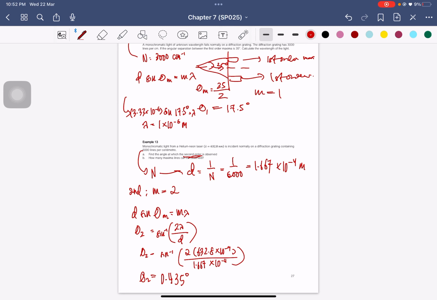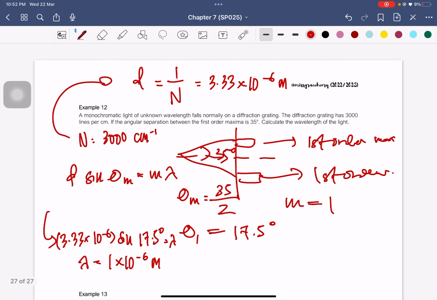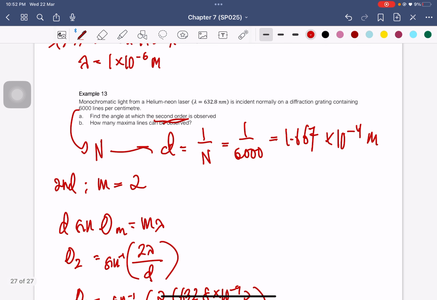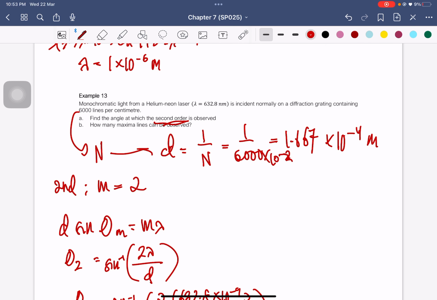Okay. Let me just check. Oh, okay, no wonder it is wrong. So I did something wrongly here. It's centimeter. This is centimeter. No wonder. 1 over 6000, so 1.667 times 10 negative 4 centimeter.